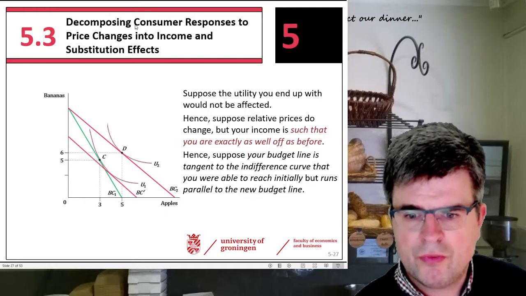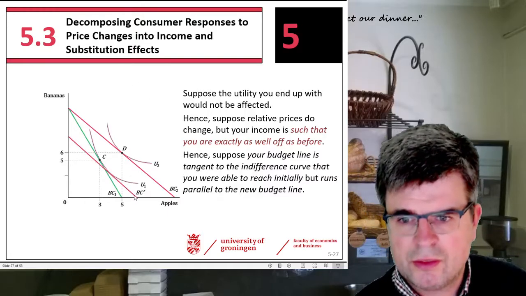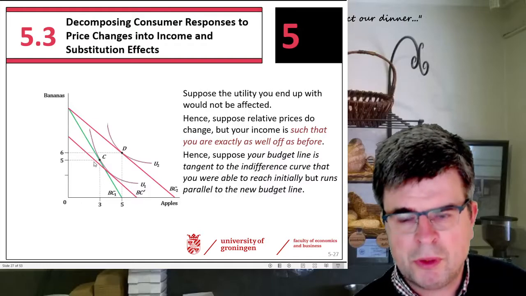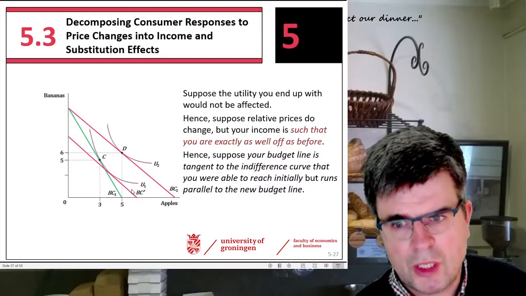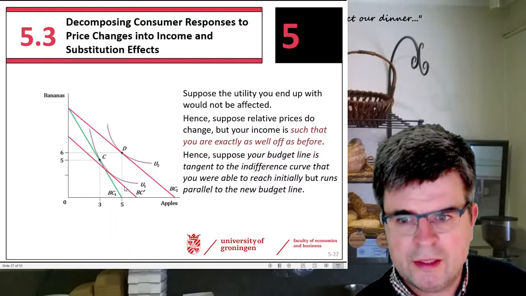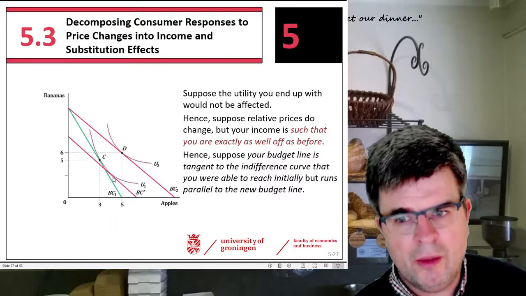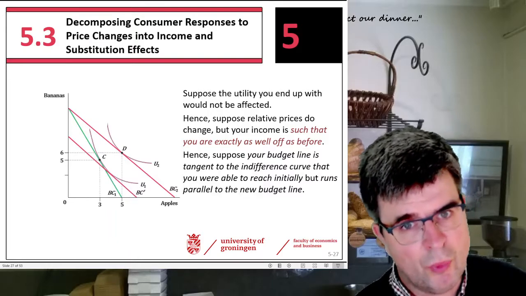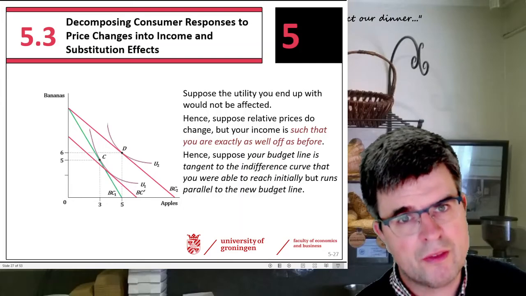And then we arrive at this line, this budget constraint BC prime. At this budget constraint, we are just as well off as before because we cannot reach a higher indifference curve.